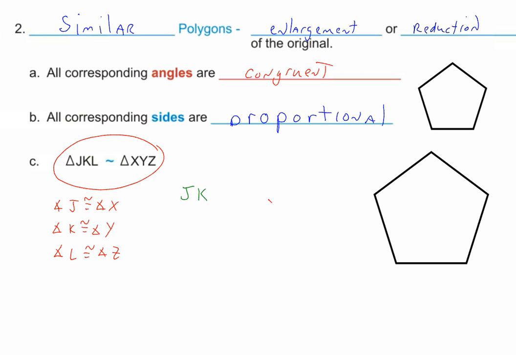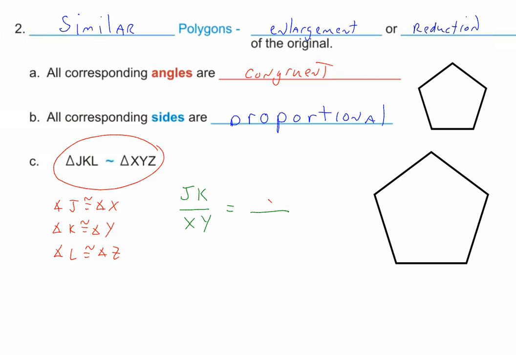To make a proportion, if you guys remember, we've done proportions, they're fractions, right? So if JK goes on the top, what goes on the bottom? Say it if you think you know it. It is XY. JK is proportional to XY. Not congruent to XY, proportional.